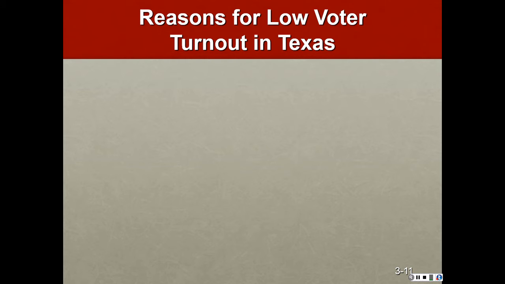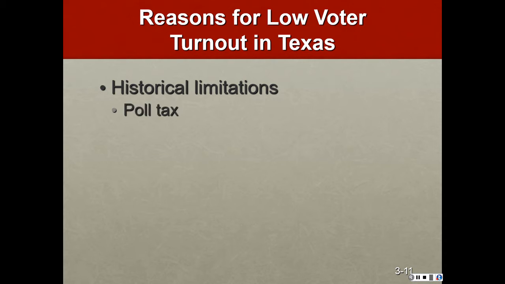We see a number of reasons for low voter turnout in Texas, and we're talking historical limitations. So this is what has happened since the late 1800s, early 1900s. We saw a poll tax introduced. Why did we see a poll tax? Remember, the Democrats, the Caucasians, did not want African Americans to vote.